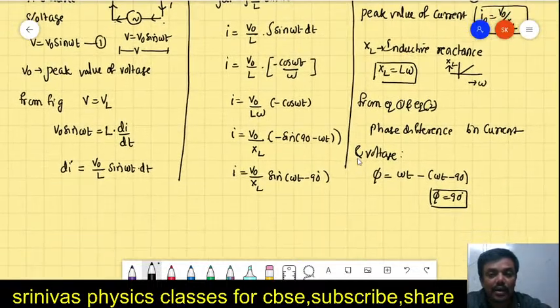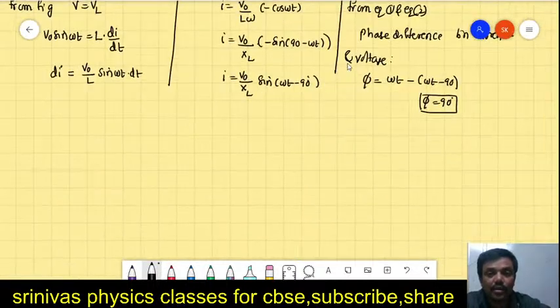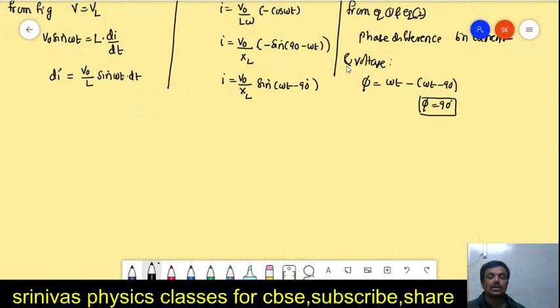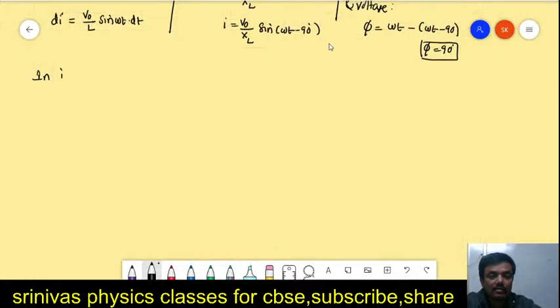One important point I have to explain for you: in an inductor we have to write some very important points.